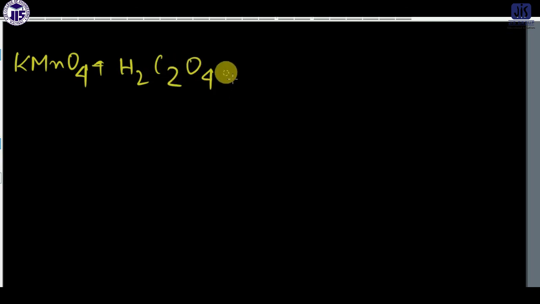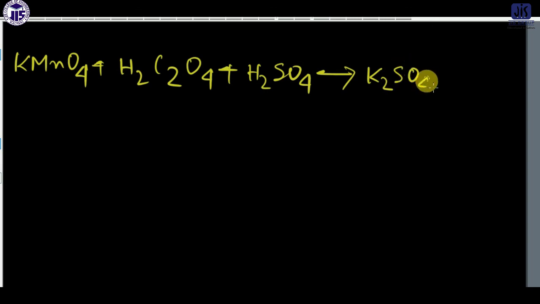If the reaction is like this: KMnO4 plus H2C2O4 plus H2SO4, gives K2SO4, MnSO4, then CO2, then H2O.